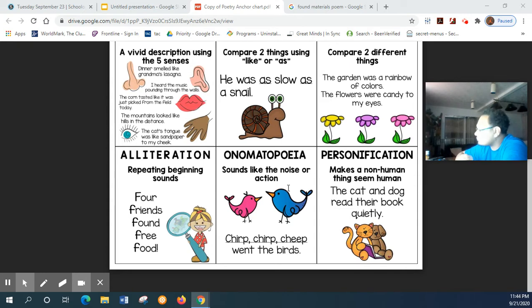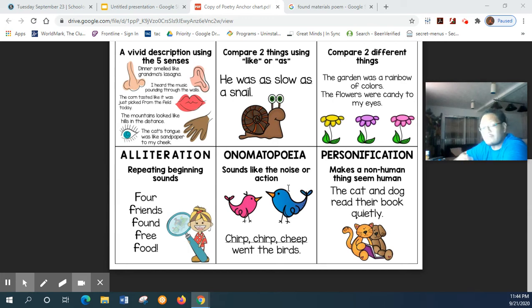But if you use personification, you can make things, as in flowers or books, TV, electronics, shoes, anything. If you can make a non-living thing and compare it to something that is human and living, you are on the right track.